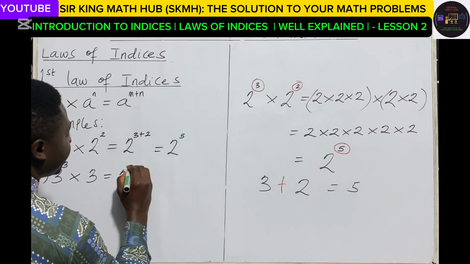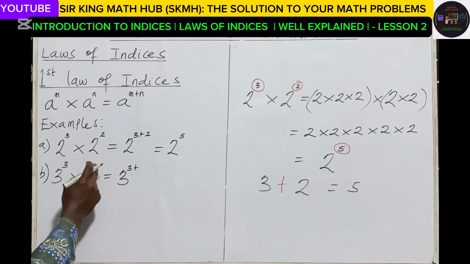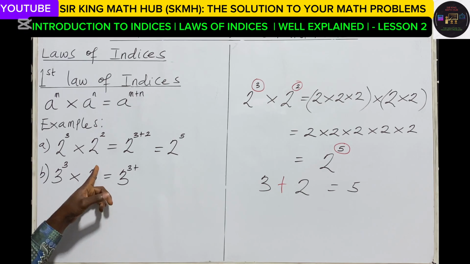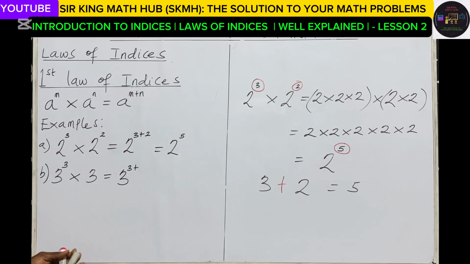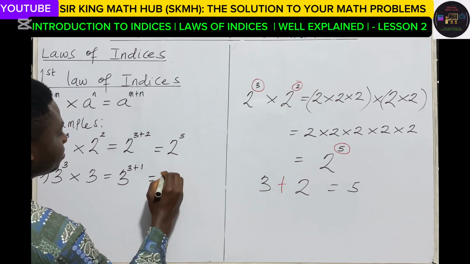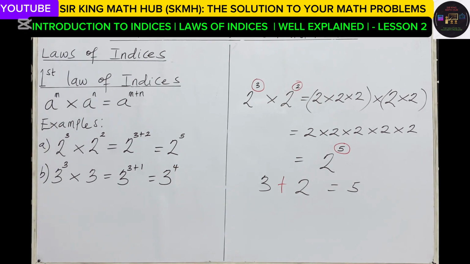The index here is 3 plus, what is the index here? So there is an index of 1. So take notes. In indices, anytime you see a number without any index, there is an index of 1, but we don't write it. So there is an index of 1 here. And this is simplified as 3 index 4.